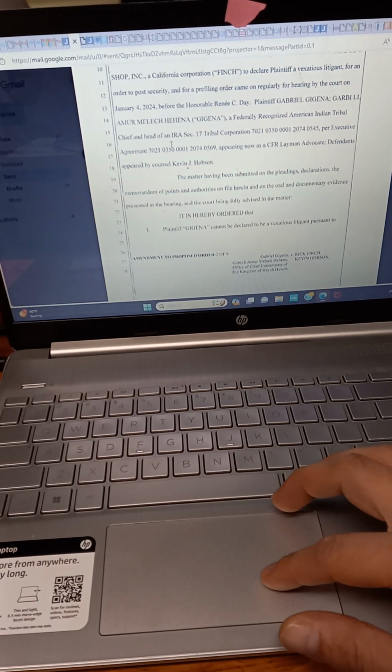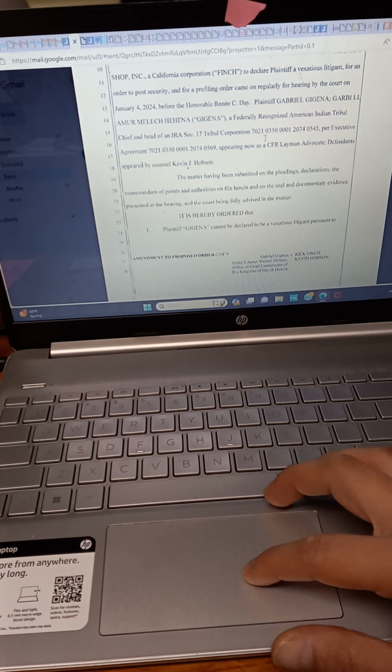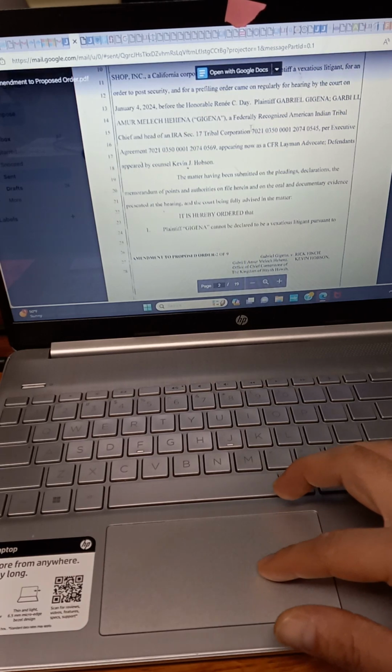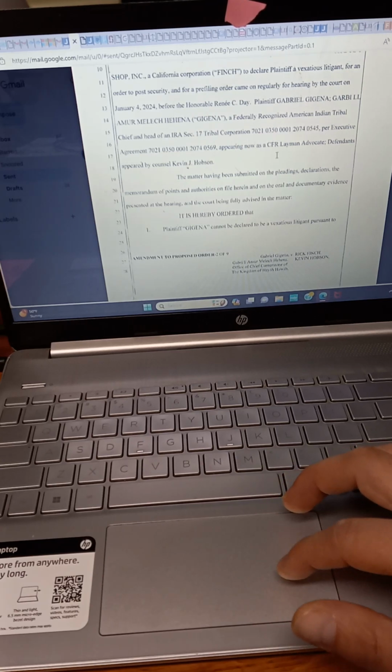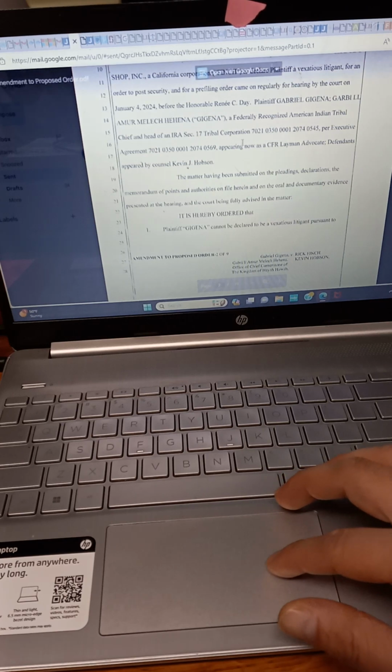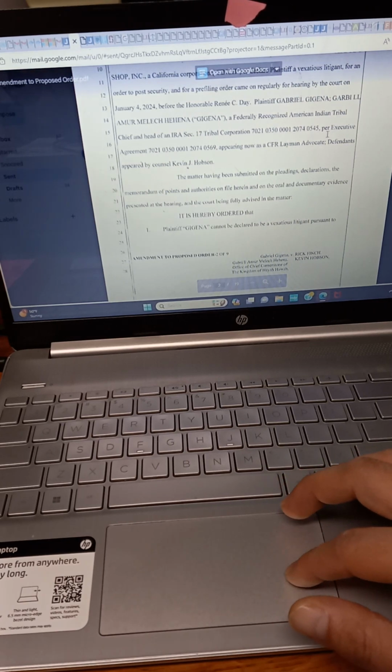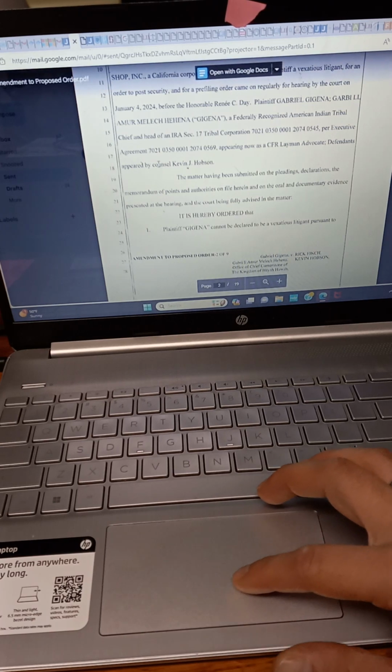I put my IRA, Section 17 Tribal Corporation, the number from the certified mail. I put right there. That's our corporation number through that document. That's the document number. And then the executive agreement.